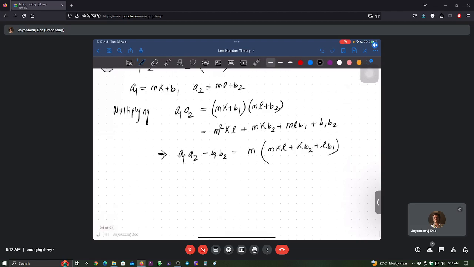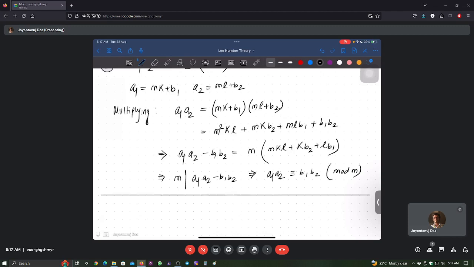So it says that M divides A1 A2 minus B1 B2. So I think this is fine.